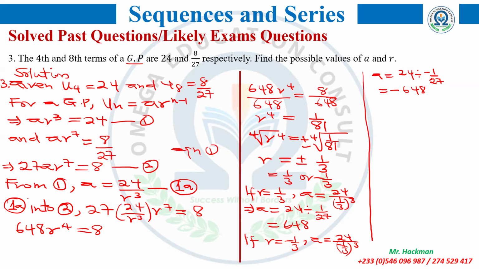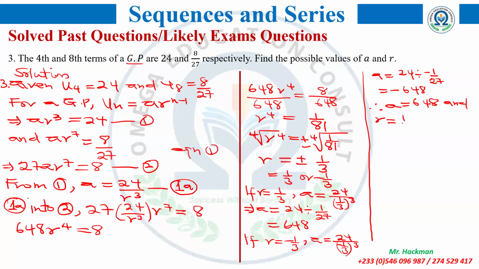Yes, please. Okay, so at this point, you go and draw your conclusion. And because you have two distinct values for A and R, when you are drawing your conclusion, you have to be very careful. So you write therefore A is equal to the first A, which gave us 648, and its corresponding R is equal to, I think the R was 1/3.